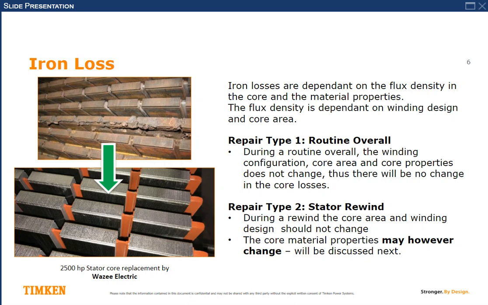However, in the second case, where we do a Stator rewind, we know the core area did not change. We know the winding design should not change. But the core material, what happens with that when you burn it out? And we will look at that specifically.